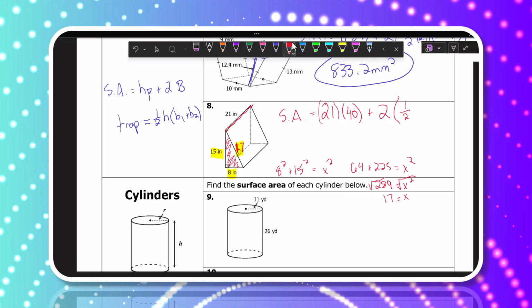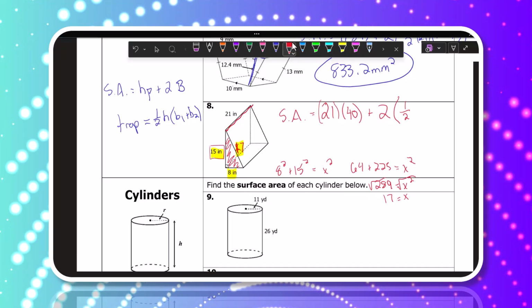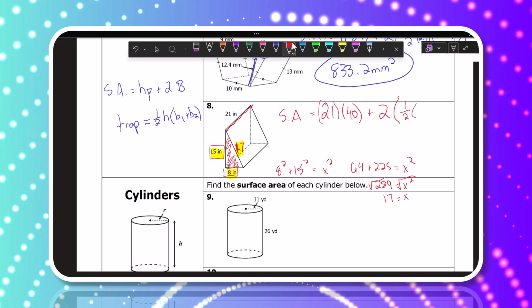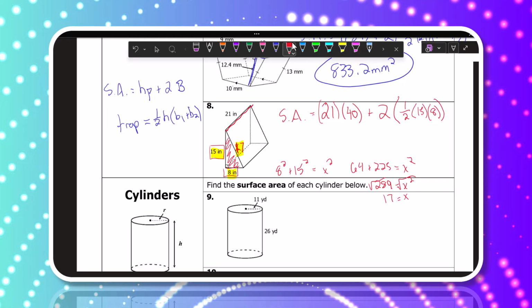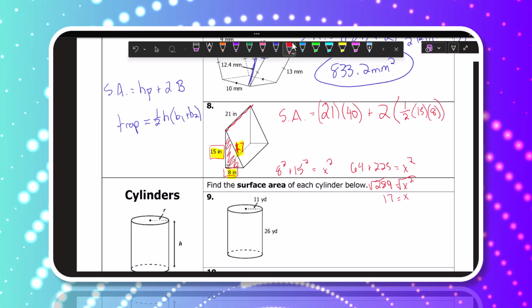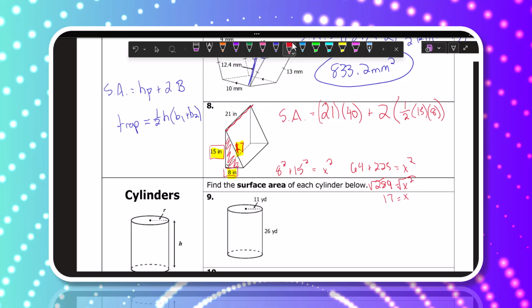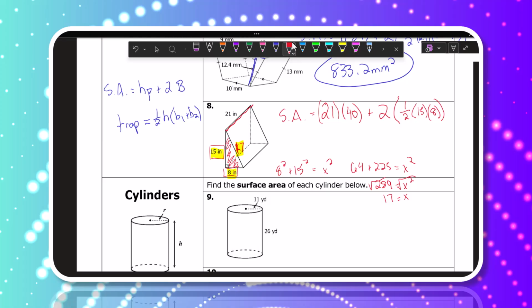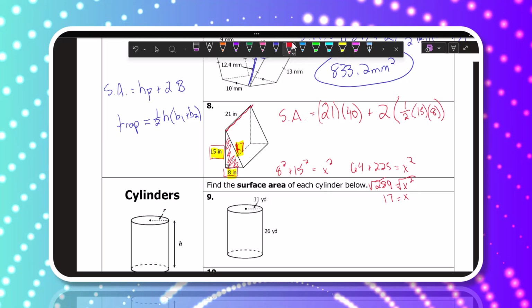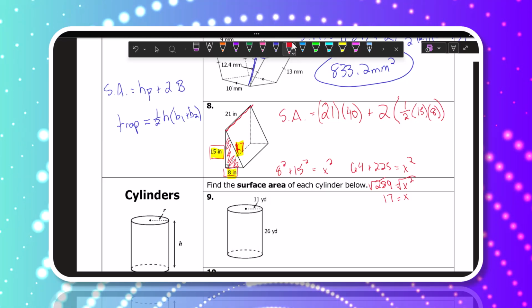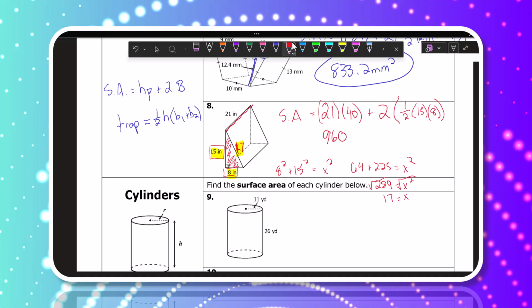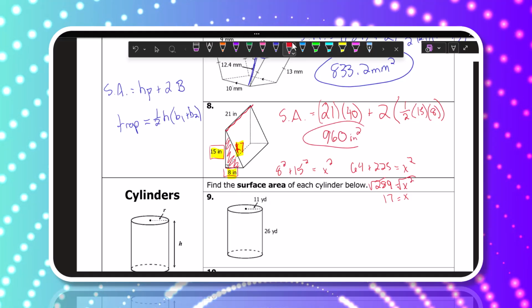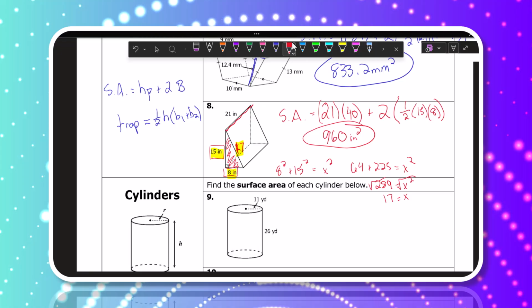And those are the two sides that makes a right angle. So that would be the 15 and the 8. And we multiply those with 1/2 multiplied by 2. Obviously, the 2 times 1/2 basically cancel out, so we're just multiplying 15 times 8 and adding it to 21 times 40. So when we throw that all in our calculator and or Desmos, we get 960 inches squared. Again, don't forget your units.